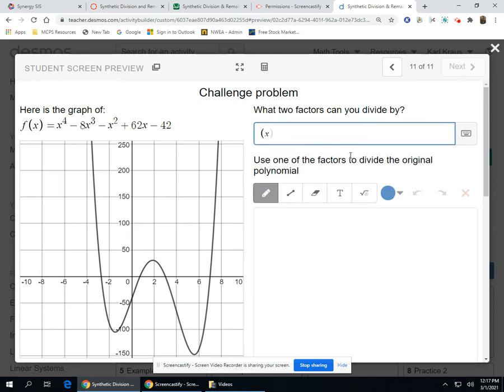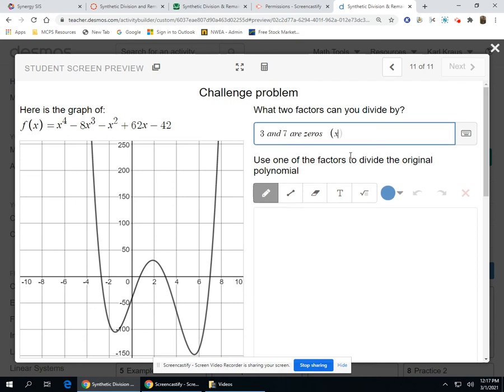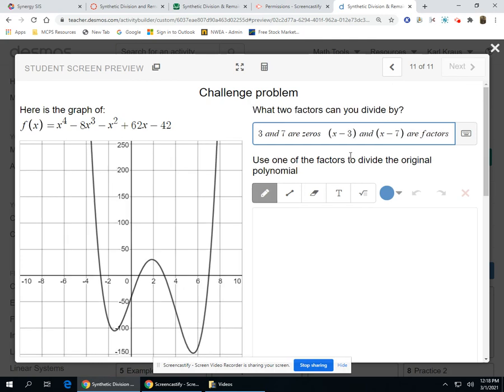So x minus 3 and 7 are zeros. x minus 3 and x minus 7 are factors. So divide the original polynomial by 3.